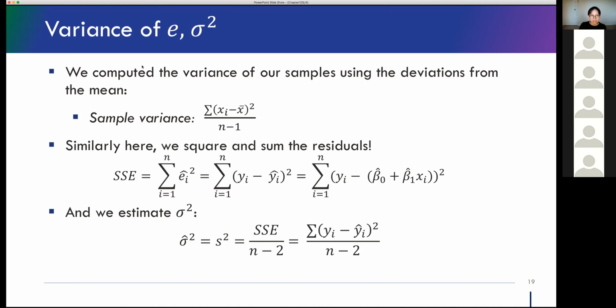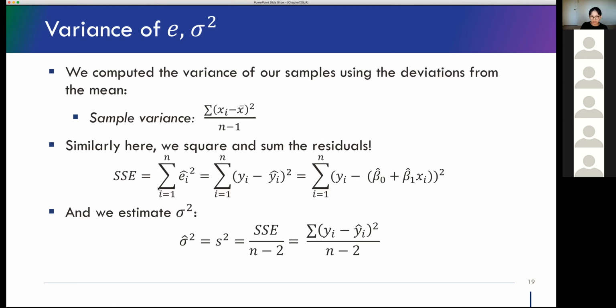Sigma squared is a parameter, and we try to estimate it from the data we have. Previously we did that using the sample variance. This is the formula for the sample variance, and we will do something similar here, but we use y_i minus y_i hat.